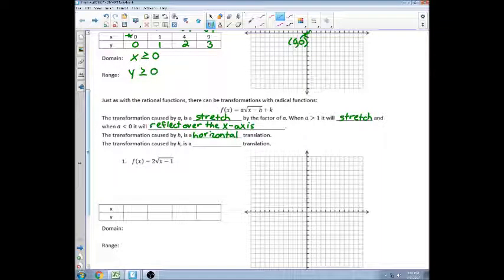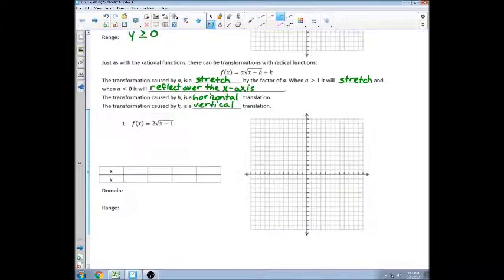And again, we are not going to follow the sign of anything that is underneath our square root. The transformation caused by k, which is outside of our square root, is going to be a vertical translation. So as far as our h and our k go, it's going to be exactly the same as our previous unit.